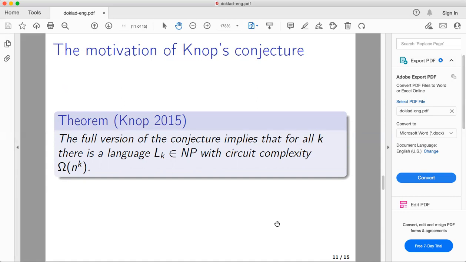Note that at the current time, we can't show even that for k equal to 2, there is such a language. And so this conjecture is very interesting. And on the other hand, it is very implausible.